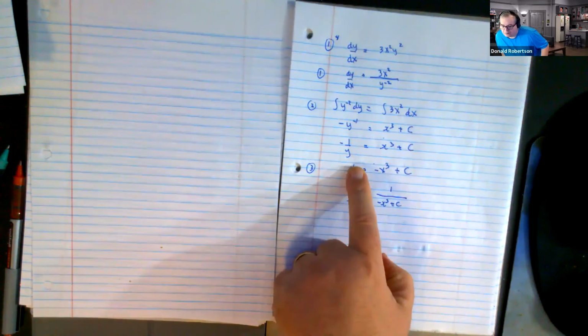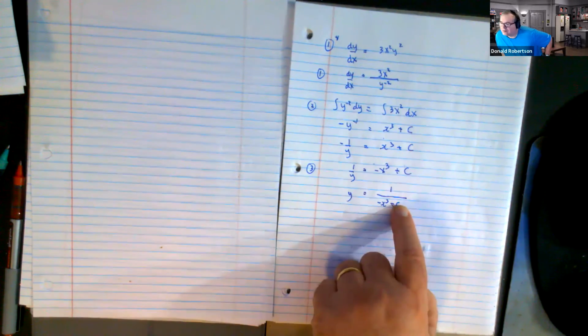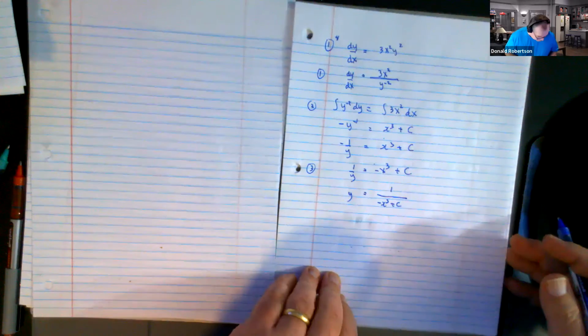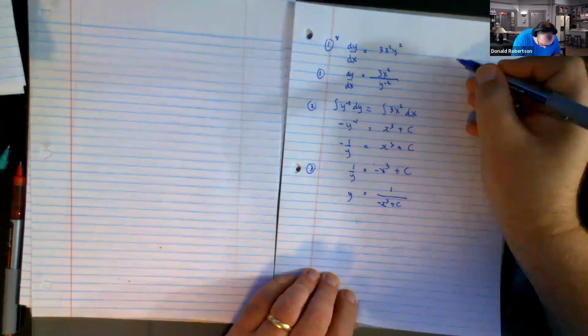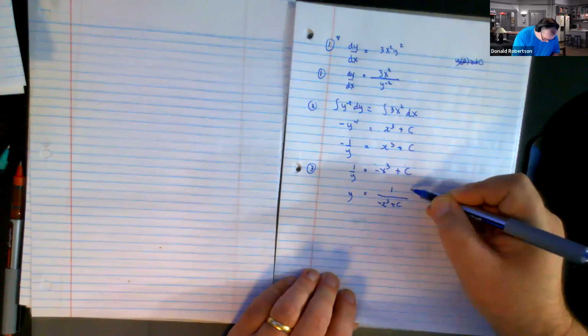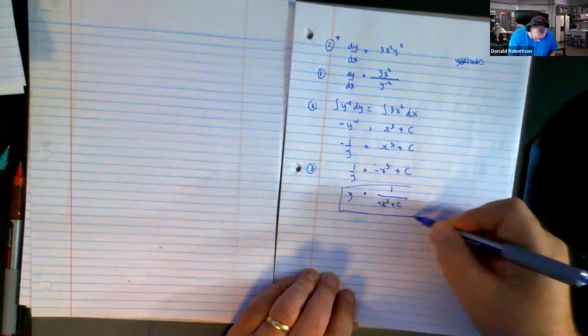Reciprocal. If it was just x cubed on its own, then you could say what you just said. But that plus c kind of stops that from happening. Are we good with that? And this is us finished because there is no extra information. You know, there wasn't any y of 0 equals 10 or something. So that's our general solution.